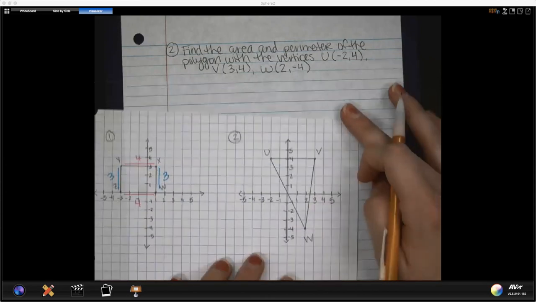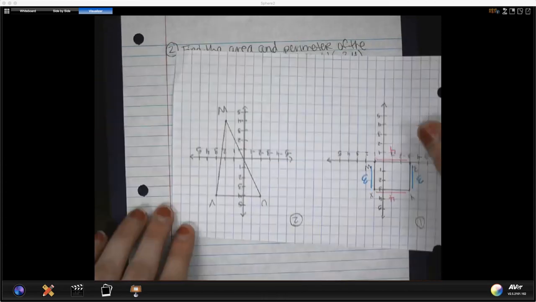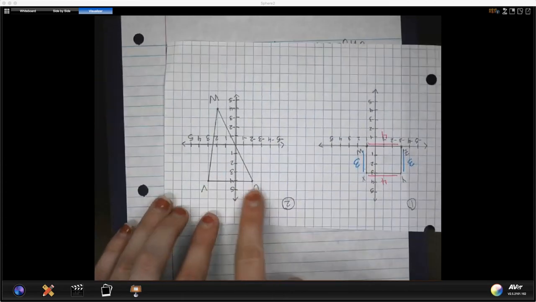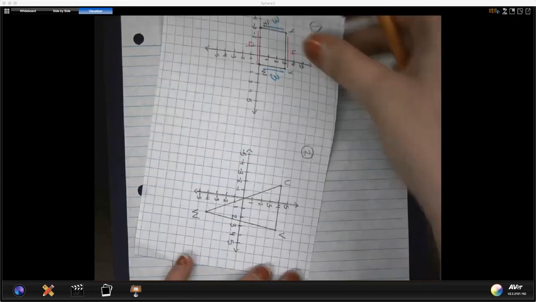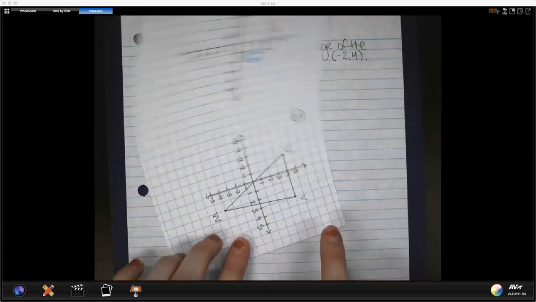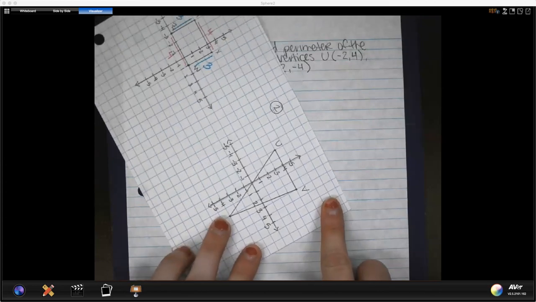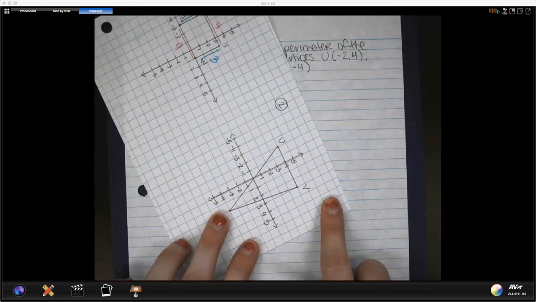Oh, the top one, yeah. So if we flip this around and look at it, this is going to make more sense as the base because it'll be easier to find a perpendicular height. If we use WV, it's going to be a little bit harder to find a perpendicular height because of how it's slanted.